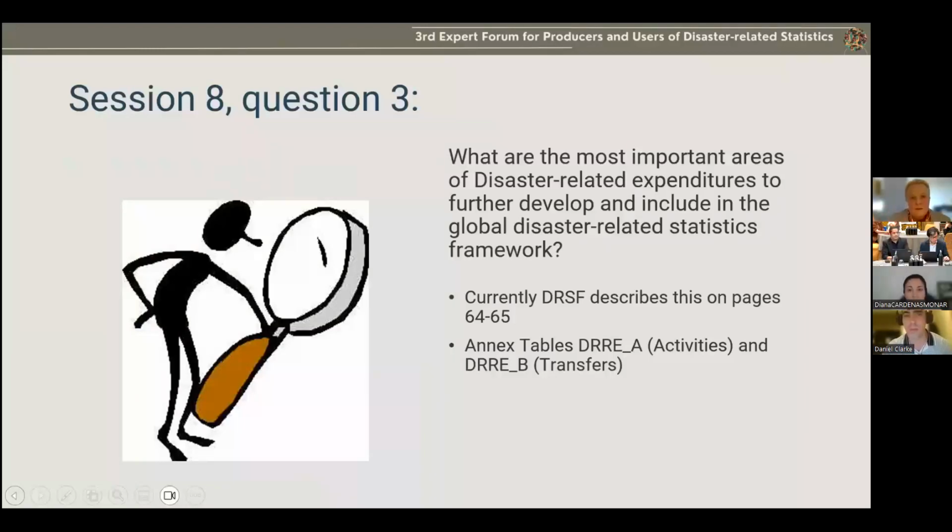My point here on the last slide was basically that there's only 2 pages of this in the manual, pretty much, and we need to develop this a bit more. And as Baptista said, we finally found the annex tables at the very end of the Excel sheet, and I was told to go and do something with it.